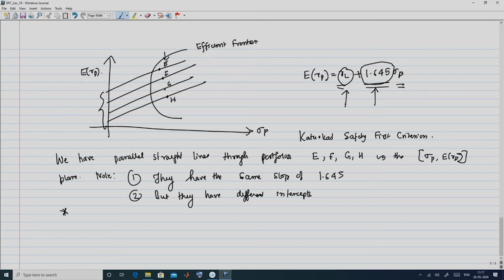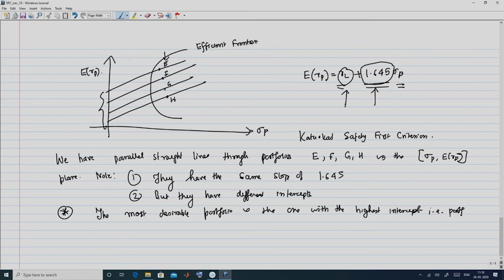And the punchline, as I have explained just now, is that the most desirable portfolio is the one with the highest intercept, namely portfolio E, which is the largest intercept amongst all the 4 portfolios.